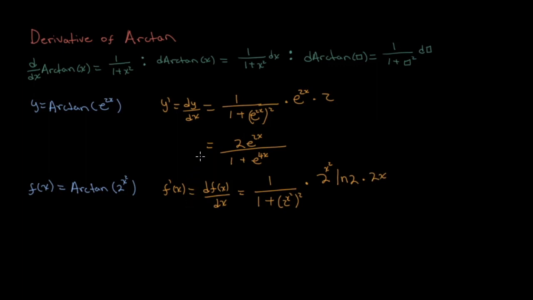So to simplify this even further, we get 2 to the power of x squared ln 2.